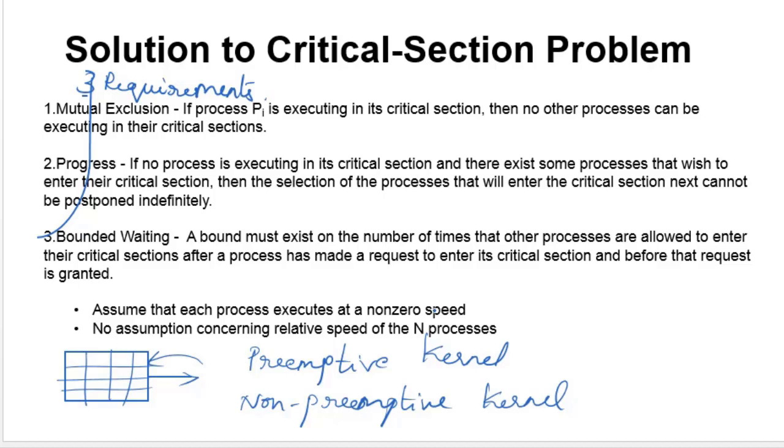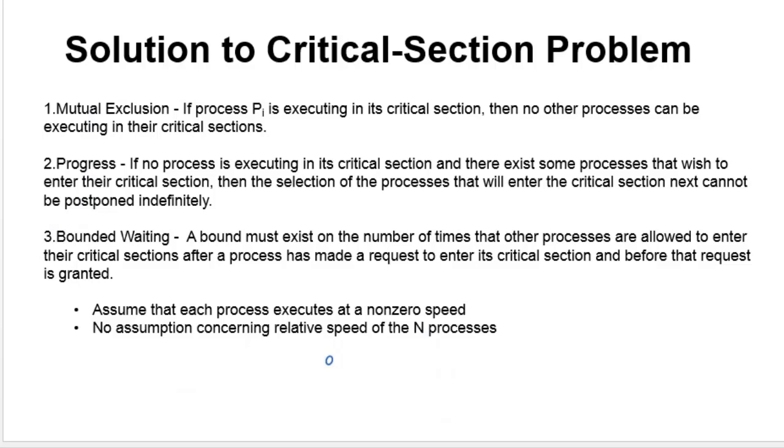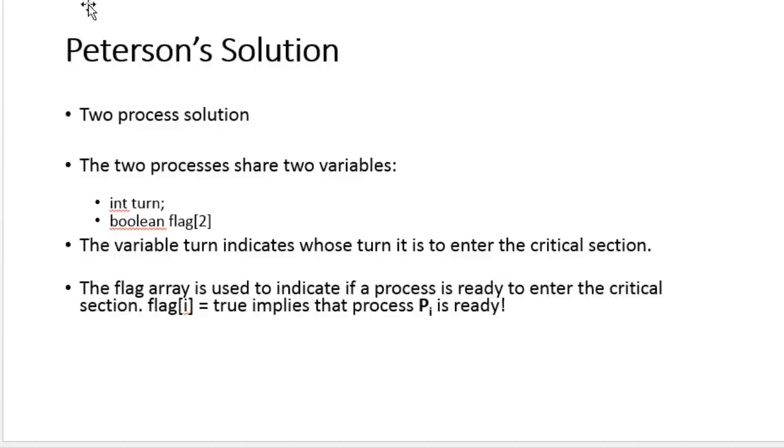And now we try to learn a solution to the critical section problem. We will learn both a software based solution as well as a hardware based solution. Moving ahead, let us learn a software based solution to the critical section problem called Peterson's solution.